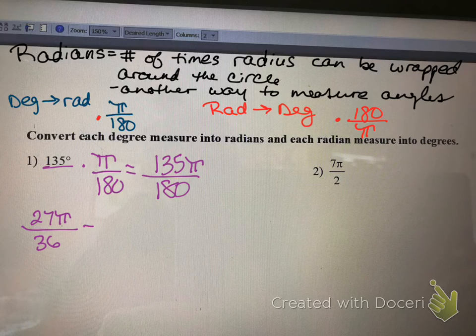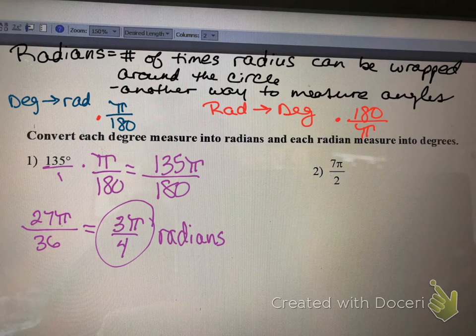And then I can divide that one step further. I can divide them both by 9. And that can't be simplified any further, so that is going to be my final answer. So 135 degrees converts to 3 pi over 4 radians.